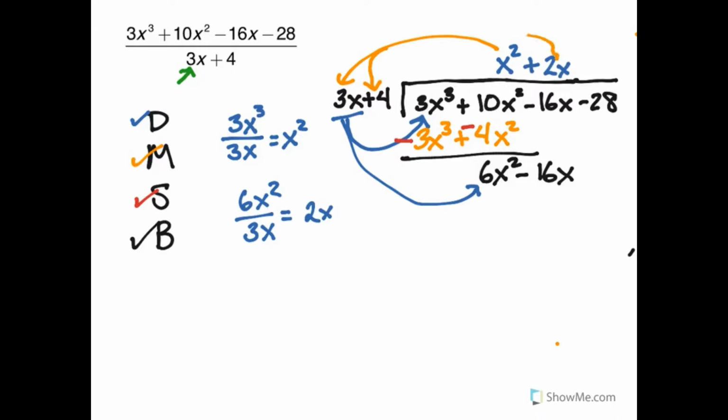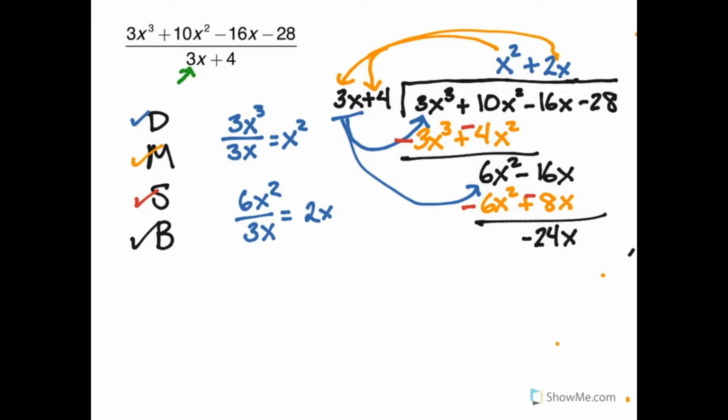Now I'm on multiply. Again, I'm going to multiply 2x by both terms of the divisor. 2x times 3x is 6x squared, and 2x times 4 is plus 8x. Now I'm on the subtract step, so I change the signs to subtract, and negative 16x minus 8x is negative 24x.